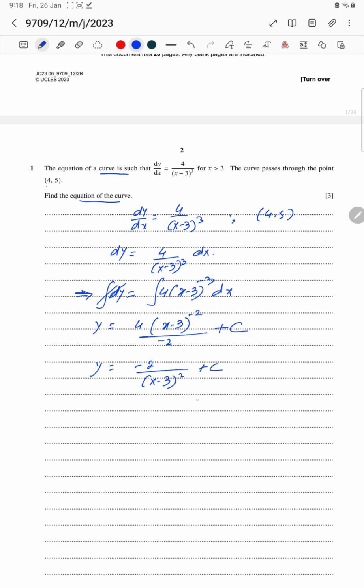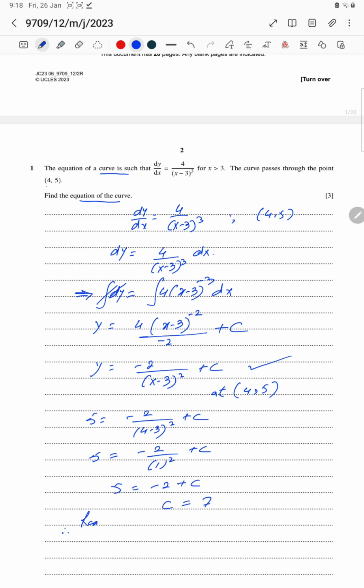Now for the value of c, we replace x with 4 and y with 5 here. We get 5 equals minus 2 over (4 minus 3) squared plus c, so 5 equals minus 2 over 1 squared plus c, 5 equals minus 2 plus c. So c becomes 7.